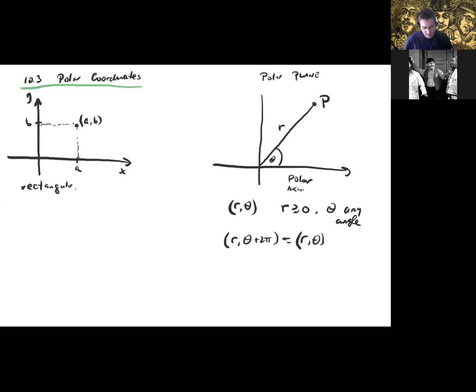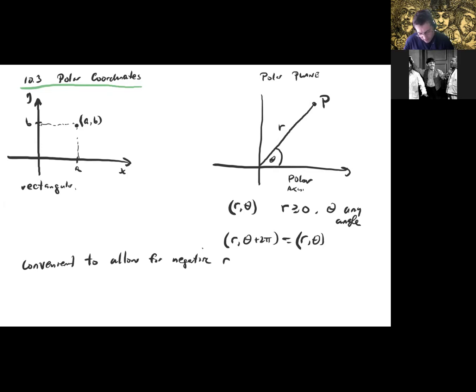Okay, so now it is convenient to allow for negative values of r. So how do we interpret that?